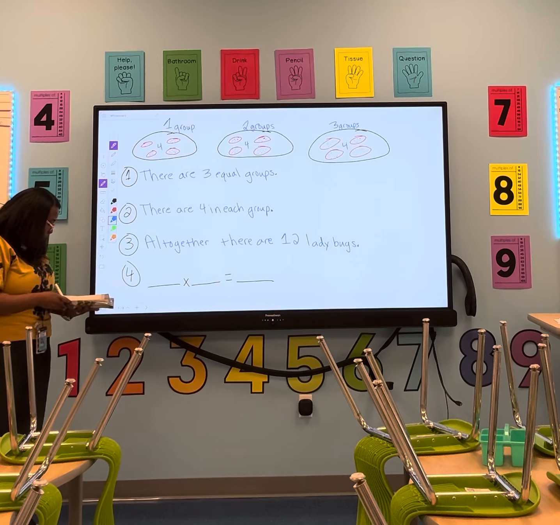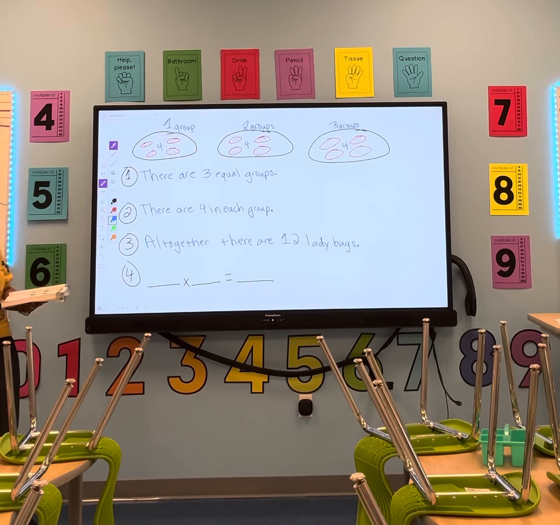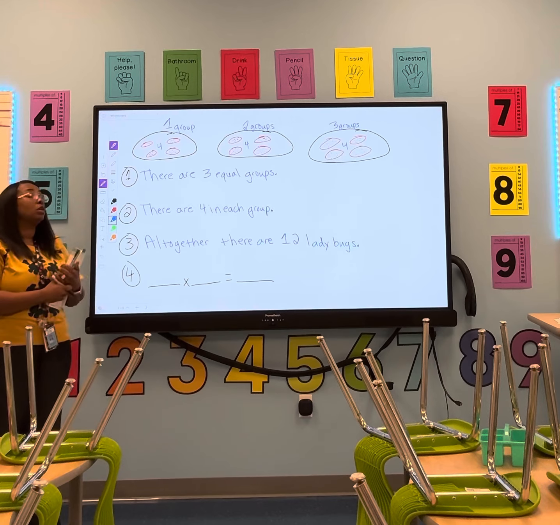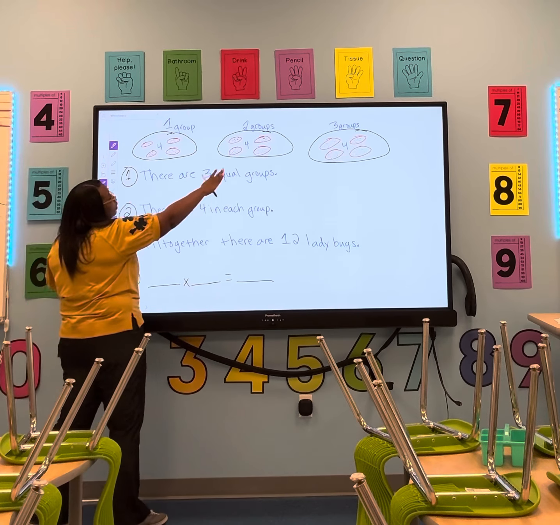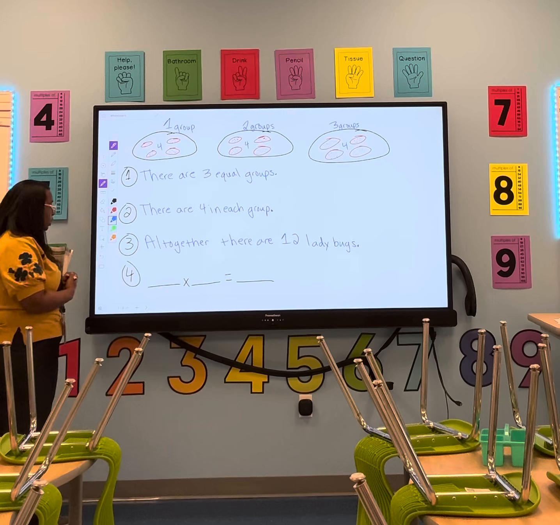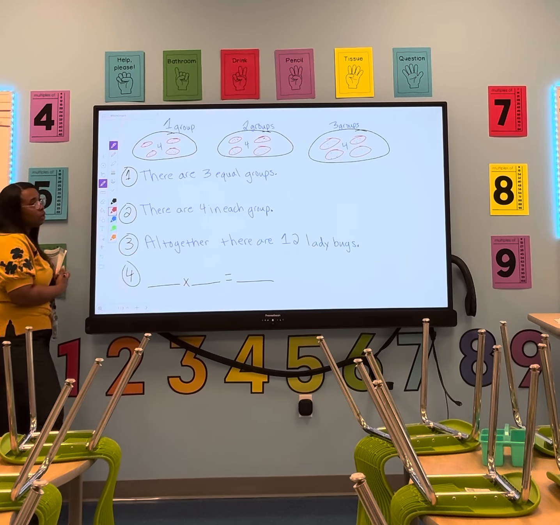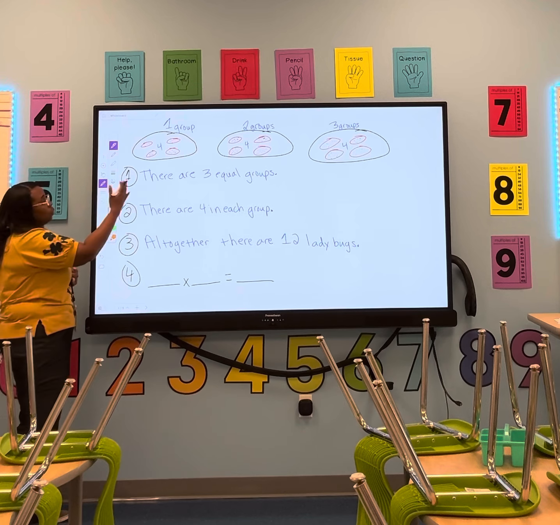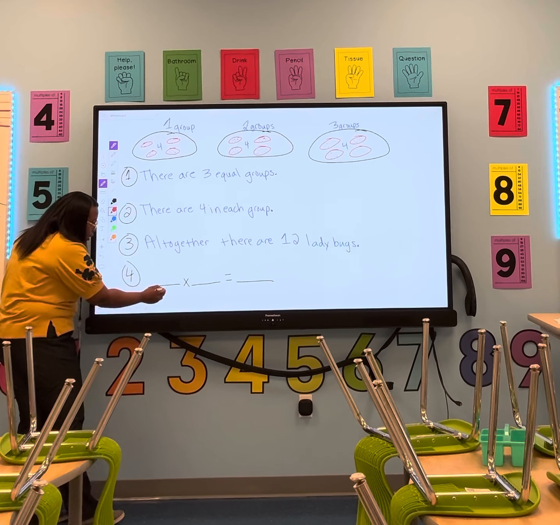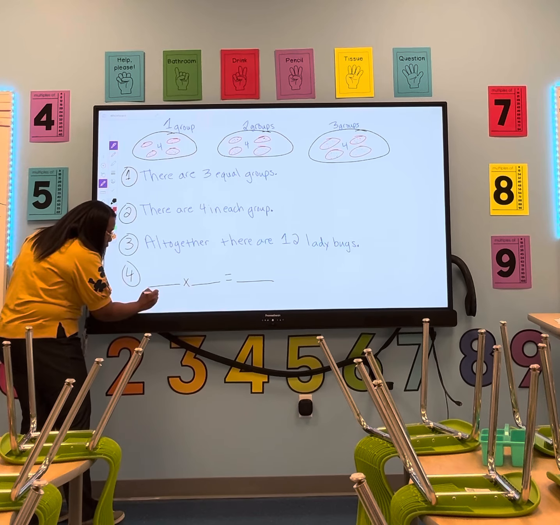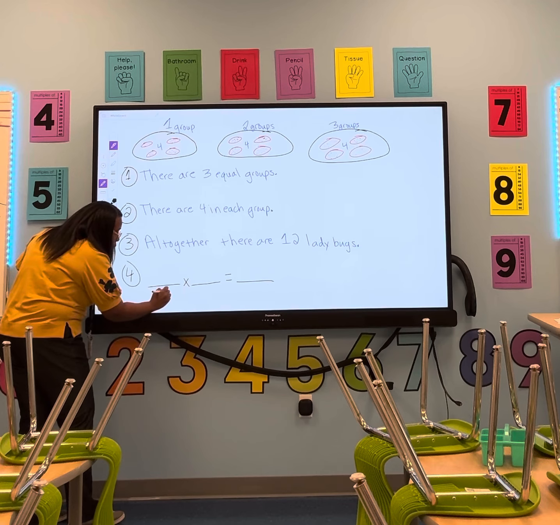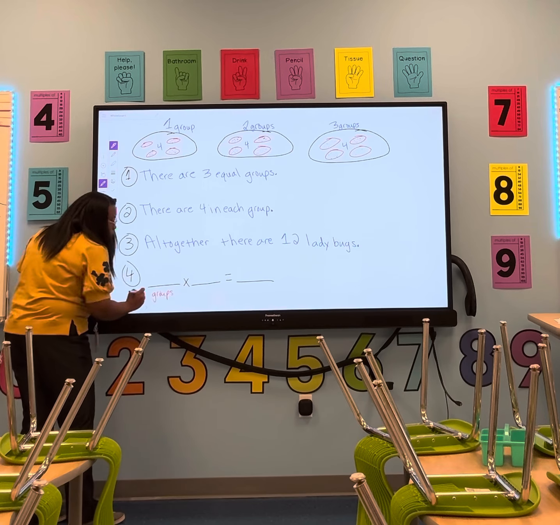Number 4 wants us to write a multiplication equation that matches the picture. I told the kids that when you're writing a multiplication equation with equal groups, the first number in your multiplication sentence will always be the groups, how many groups you have.